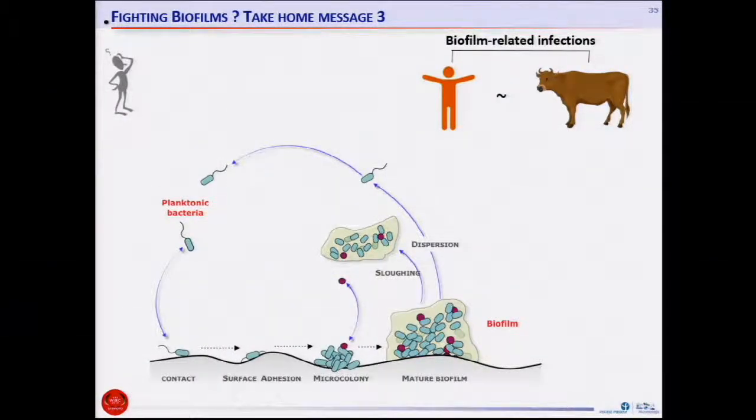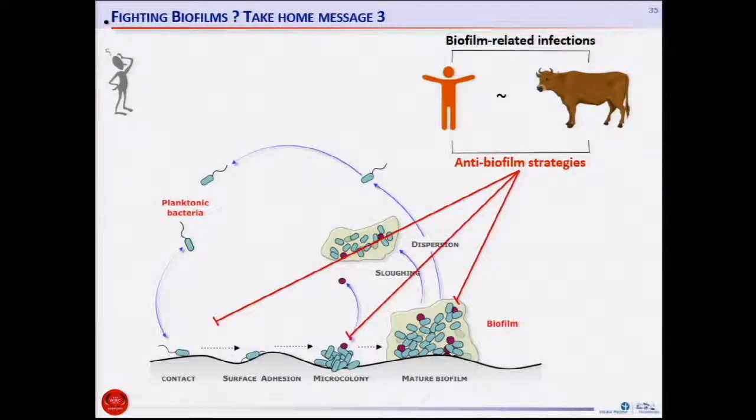So the last take-home message I would leave you with is that if we talk about biofilm-related infection, you will find a lot of homology between what is happening in humans and what is happening in animals, especially in cattle. The anti-biofilm strategies developed at different stages of the biofilm in the human clinic are also available for the treatment of animals.